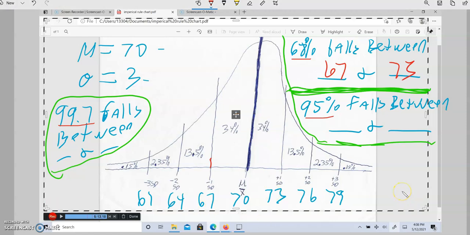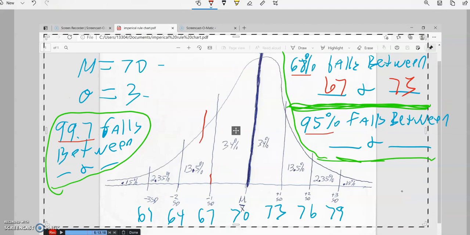95% of the data falls between, that's within 2 standard deviations of the mean. So if you add up -2 to +2, I goofed, hold on. Sorry, I circled 1 too many, okay?